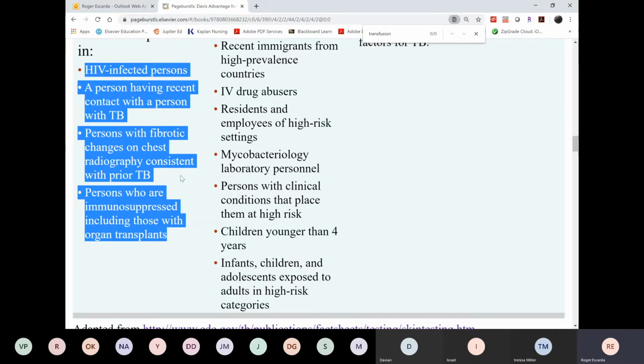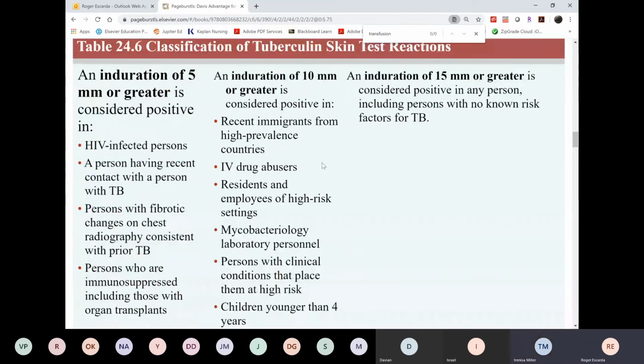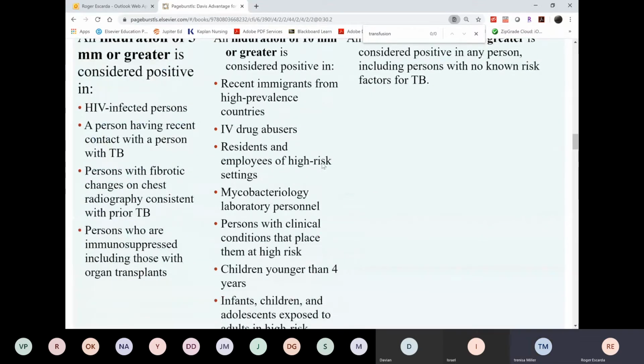The second group are the following: immigrants from high prevalence countries like the Philippines, Mexico, most Asian countries, including China, Thailand, Singapore, or also in South America, and also the Caribbean. These are high prevalence countries where TB is quite common.